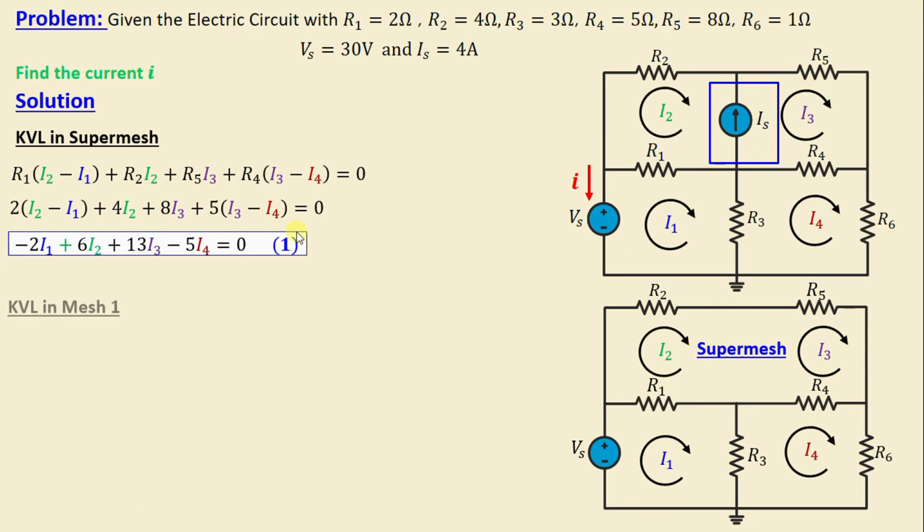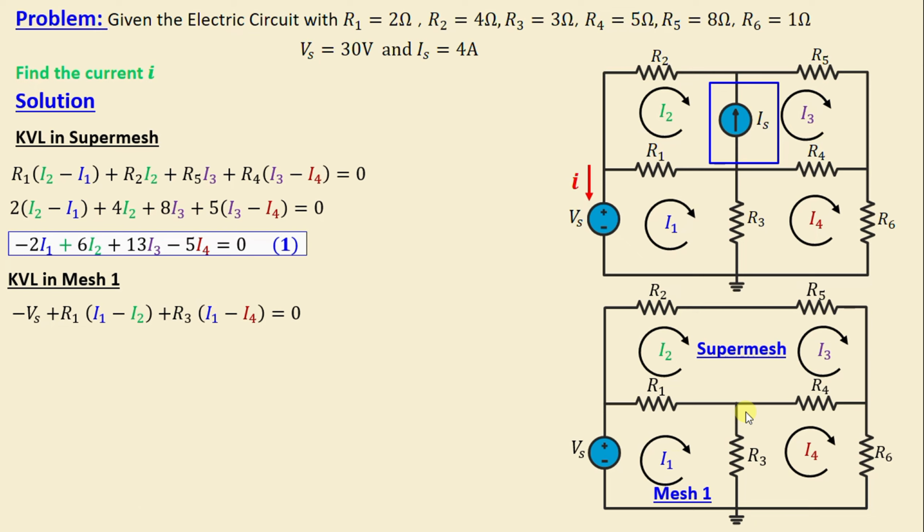Let's go now to mesh 1. By applying KVL in mesh 1, we can write negative Vs plus R1(I1 minus I2) plus R3(I1 minus I4) is equal to 0.